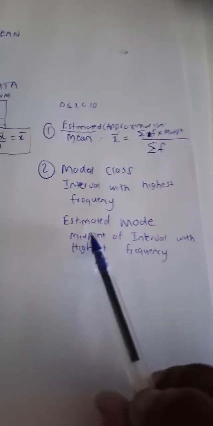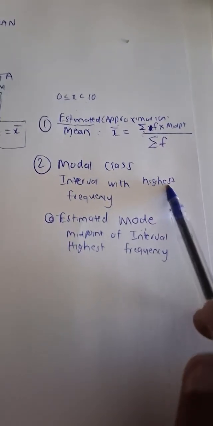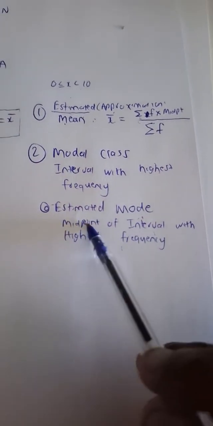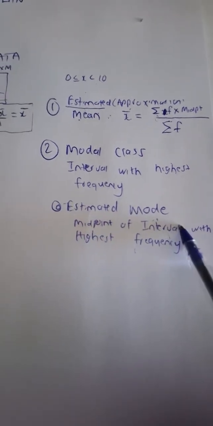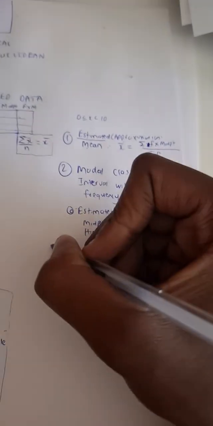I repeat, if they ever ask you to calculate estimated mode, then first go find the interval with the highest frequency. When you locate that interval, you then calculate the midpoint of that interval. It will give you the estimated mode.